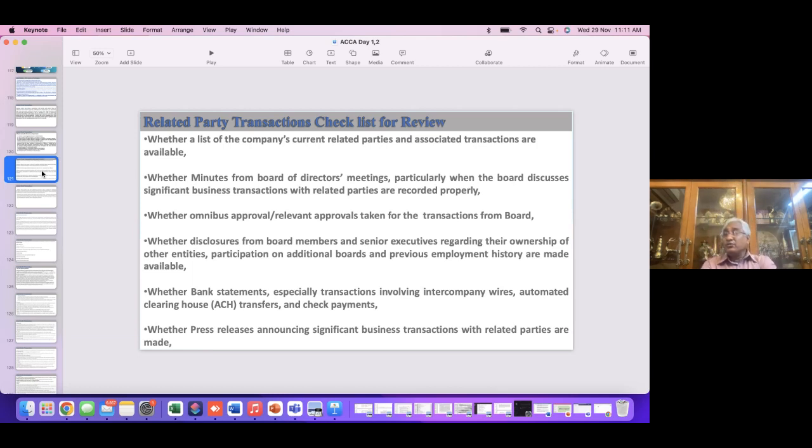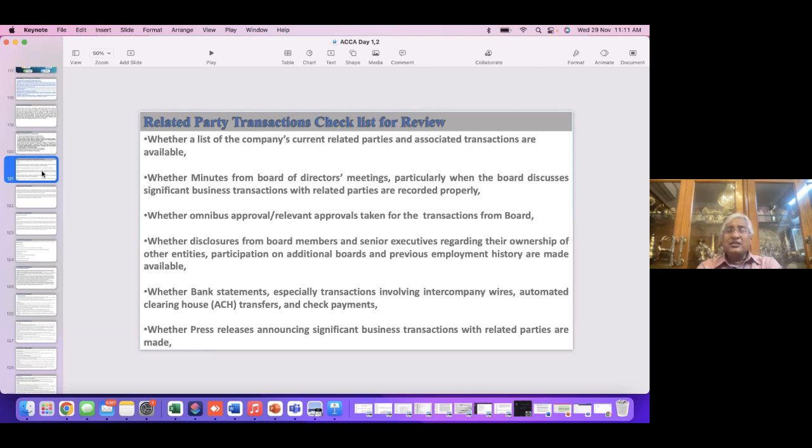As an auditor, when you are trying to see whether the transaction with this party is a related party transaction, then you have to have a list which is a concurrent list. Means if it's a very old list, then there's a possibility that some of the related parties may not be related parties right now, because some company was a subsidiary company and that subsidiary is no longer a subsidiary. So the list must undergo a change.